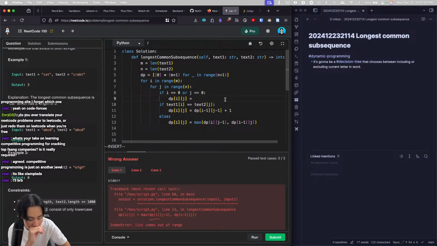Are we taking the max? dp[i][0], dp[j][0] and j. What does that give me?